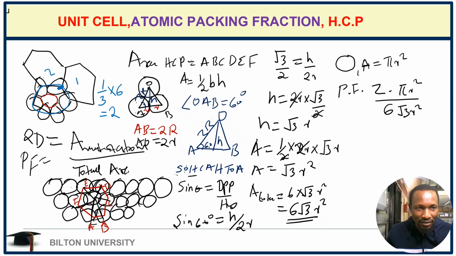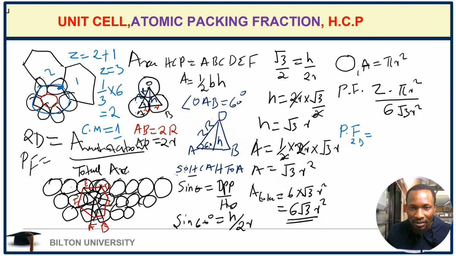However, if you look at this unit cell, 6 corner atoms are surrounding 1 atom at the center, and the contribution of the center atom is only 1. So our Z now in 2D will be the contribution of corner atoms, which is 2, plus the contribution of the middle atom, which is 1, making our Z equal to 3 atoms.